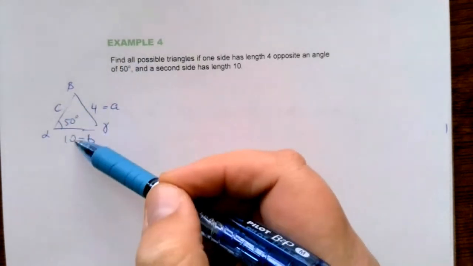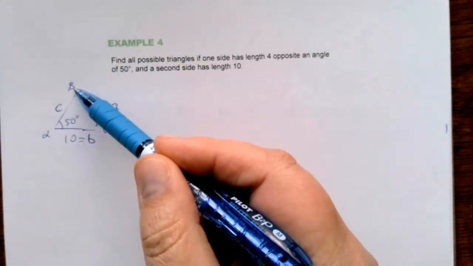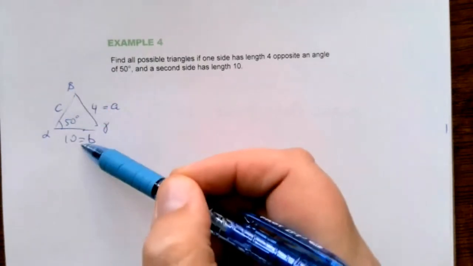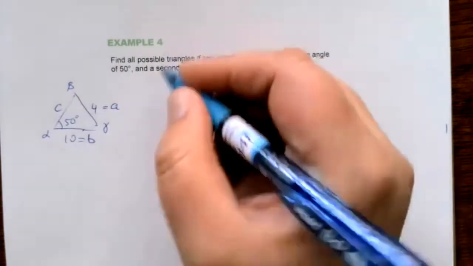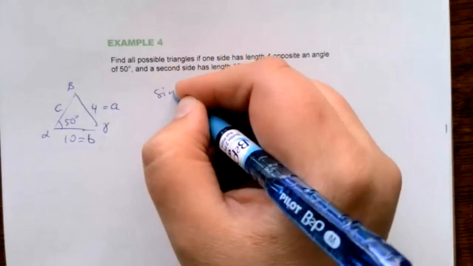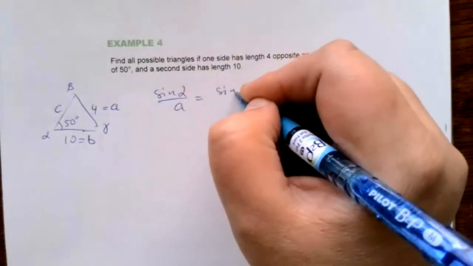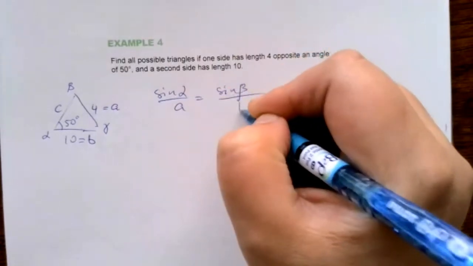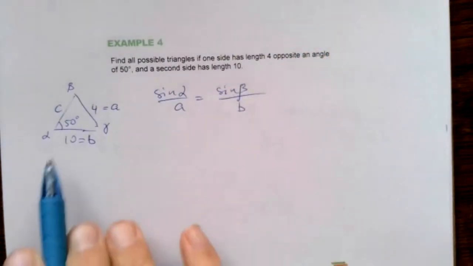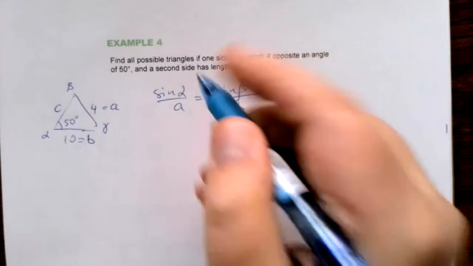Okay, and so we're gonna use the angle across from the known side. So we're gonna have sine alpha over A equals sine beta over B. And we're solving for beta.